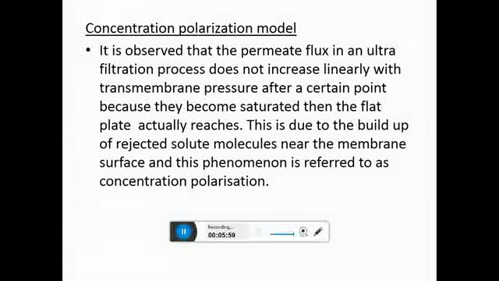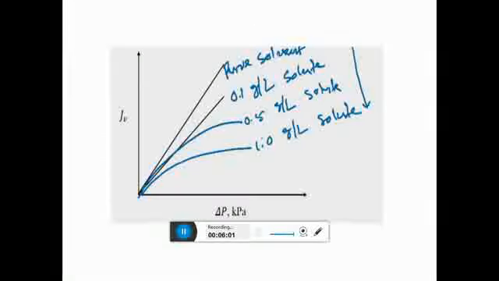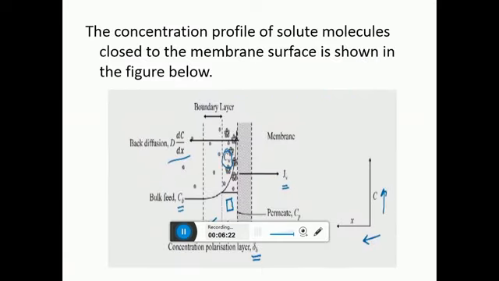This phenomenon is termed concentration polarization. See this graph: the y-axis is flux and the x-axis is pressure. For pure solvent, flux increases linearly with pressure, but as you increase the solute concentration, flux declines because of concentration polarization.